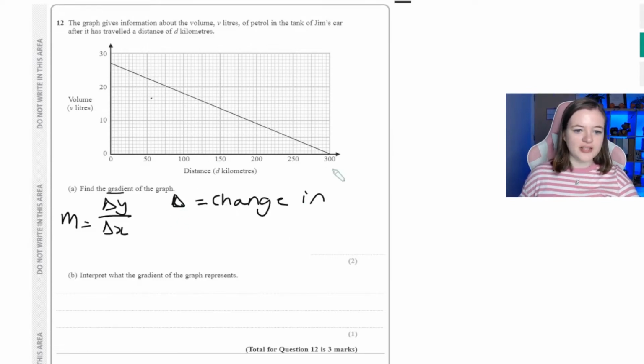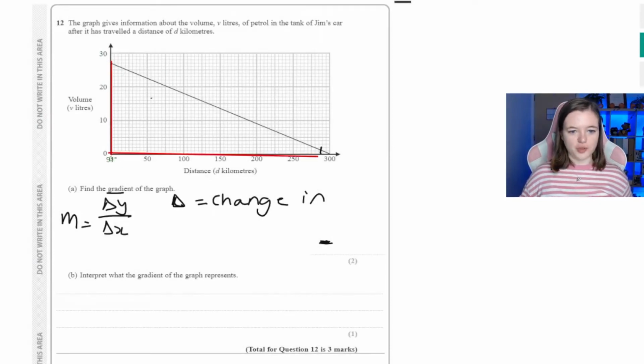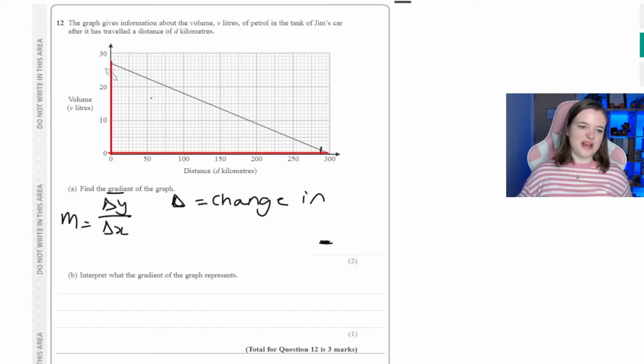Okay. First thing I'm noticing is this gradient is a negative gradient. It goes from top left to bottom right. So I'm going to put a negative here before I even find the number, so I remember, otherwise I'm going to forget. I always put a negative there as soon as I notice that it's a negative. Then I'm going to draw my little triangle lines to help me see the change, mostly from the axes, so it meets at quite nice places.